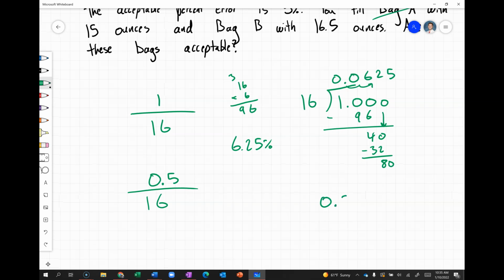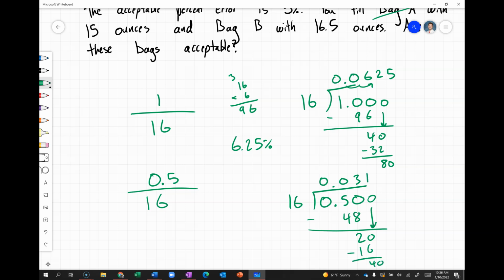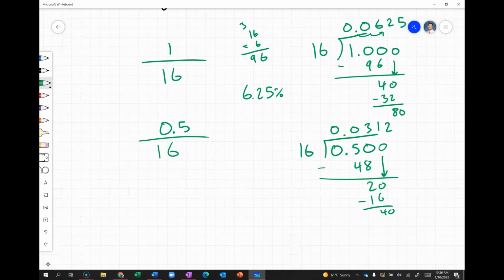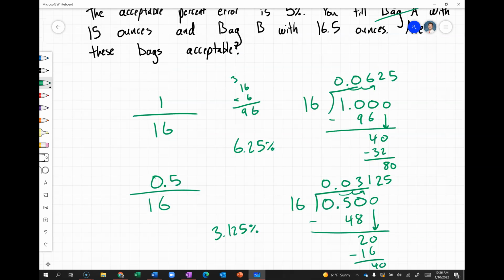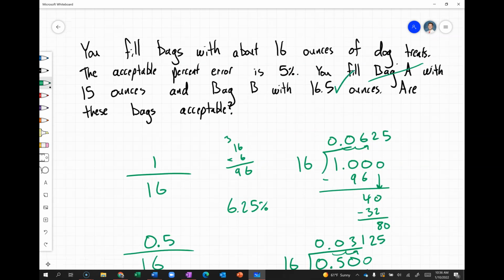We've got 0.5 divided by 16. 16 goes into 50 3 times. 16 goes into 20 once. 16 goes into 40 twice. And 16 goes into 80 5 times. Turning that into percent, we get 3.125%, which is less than 5%. So bag B is acceptable.